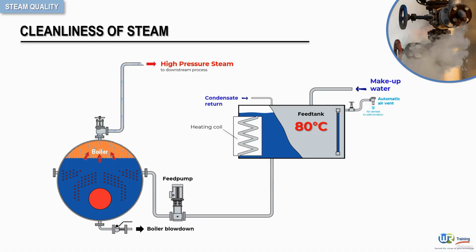The rate at which this layer builds up can be reduced by careful attention to the boiler operation and by the removal of any droplets of moisture. The different ways to achieve this are discussed further ahead.